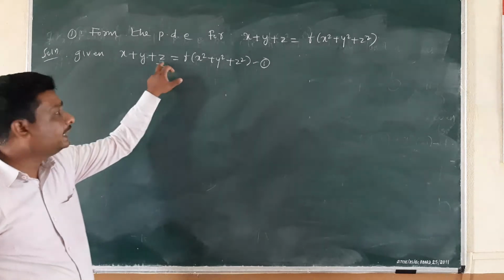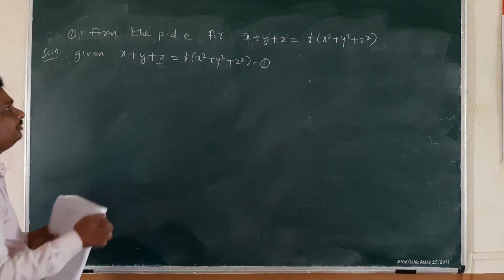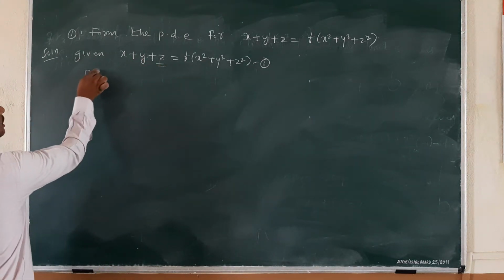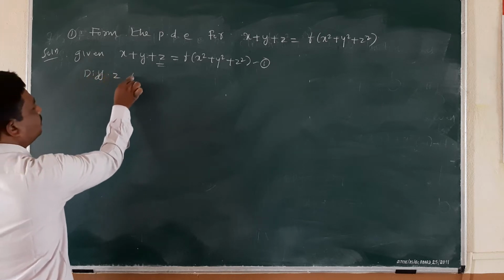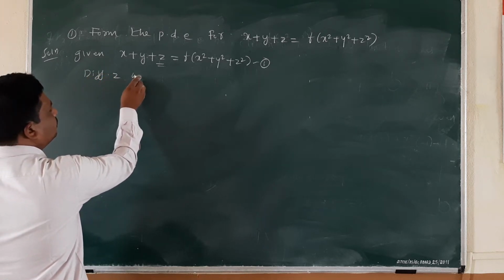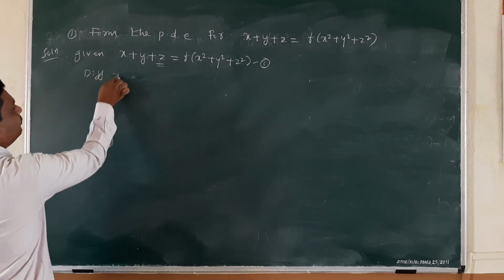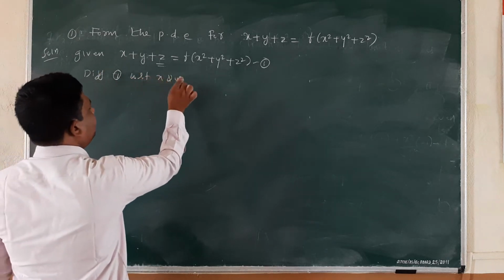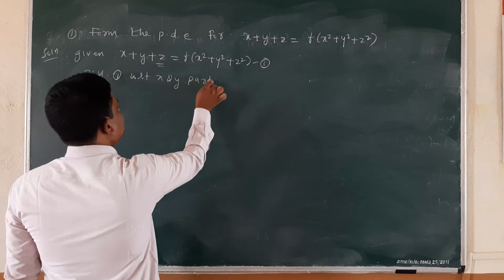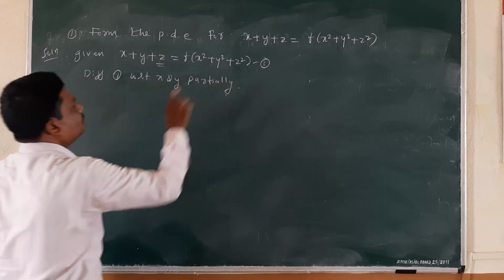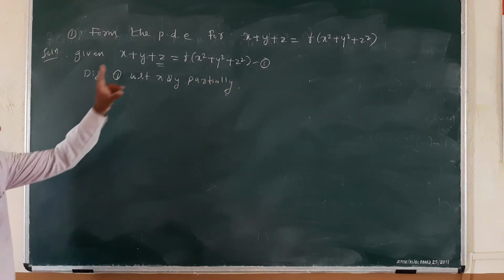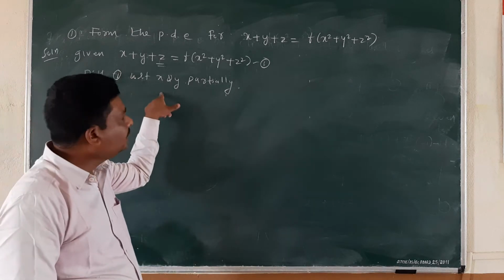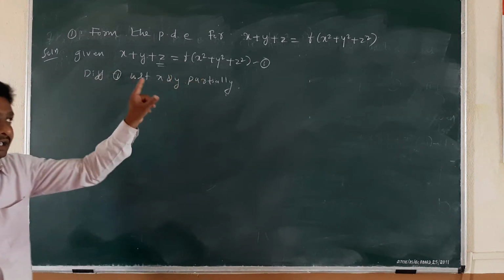Dependent variable, and x and y are independent variables. So I will differentiate equation number 1 with respect to x and with respect to y partially.